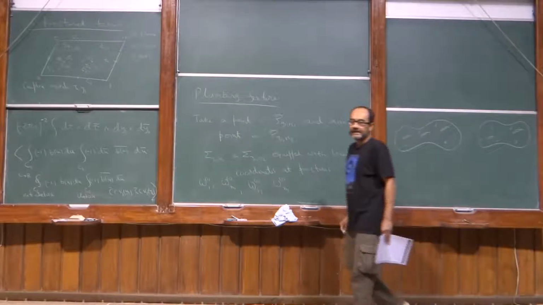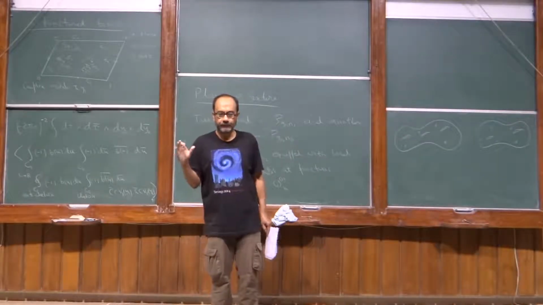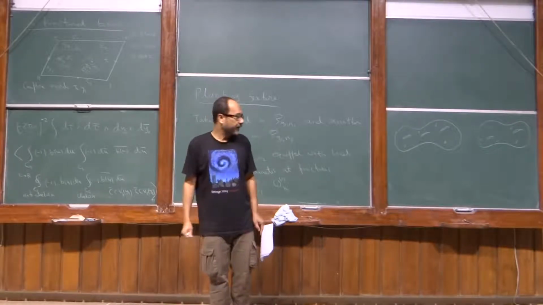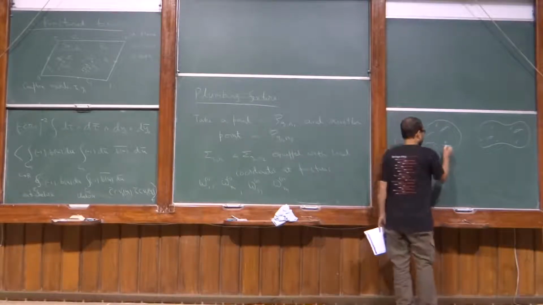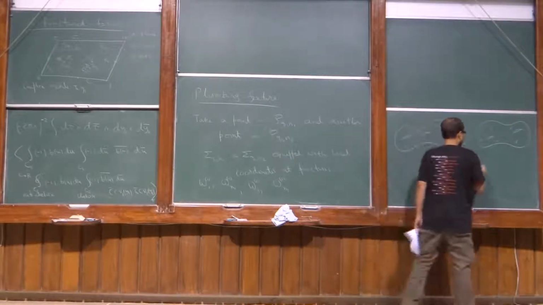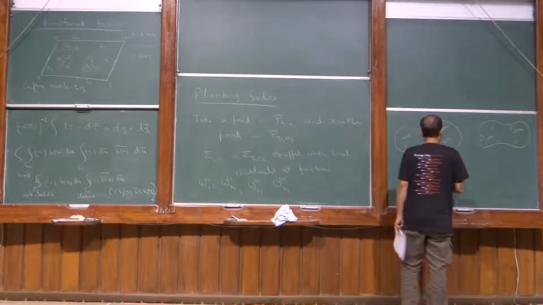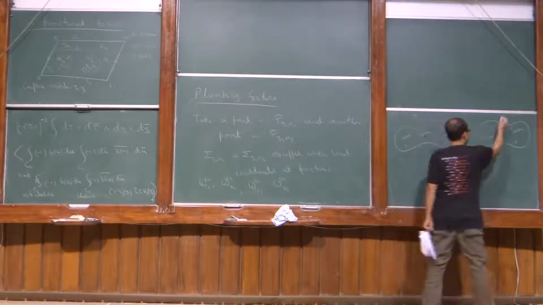Now, let's take one puncture from each surface. Which puncture is up to you. So let's take one puncture from sigma G1 N1, say the N1th puncture, and one puncture from sigma G2 N2, called the N2th puncture. This is sigma G1 N1. This is sigma G2 N2.